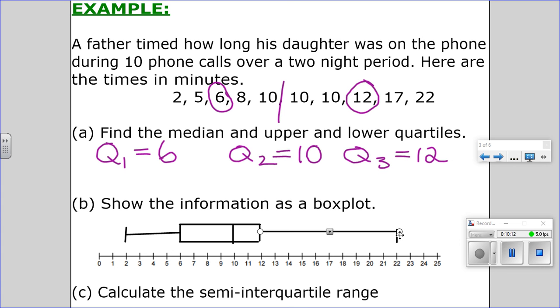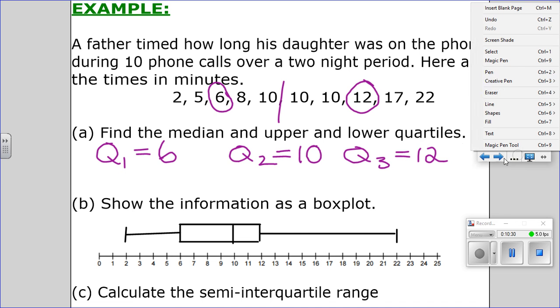Okay, so the next thing to look at is the semi-interquartile range. The semi-interquartile range is quartile 3 minus quartile 1, divided by 2.